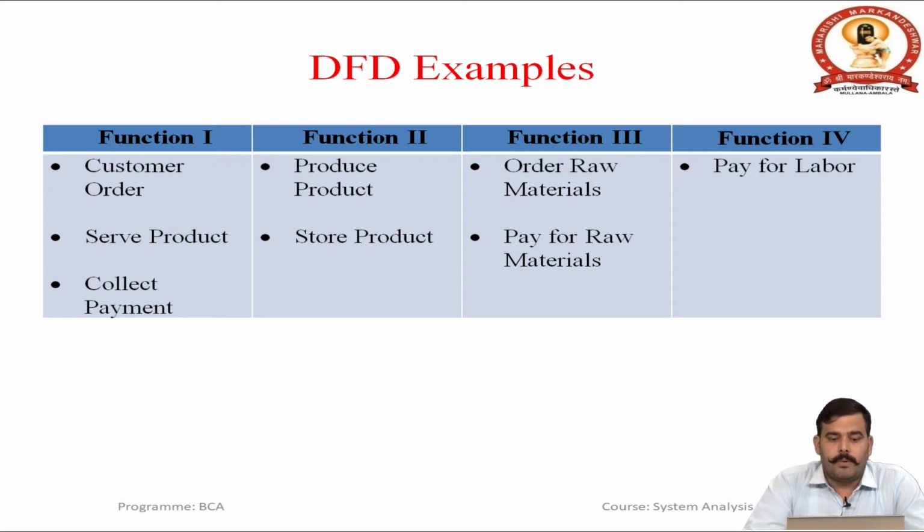Function 2, produce that product for the next customer, store that product for maintaining the supply chain. Function 3 is ordering the raw material, pay for the raw material, and function 4 is pay for the labor. So, we will discuss the DFDs on the basis of these functions in detail.